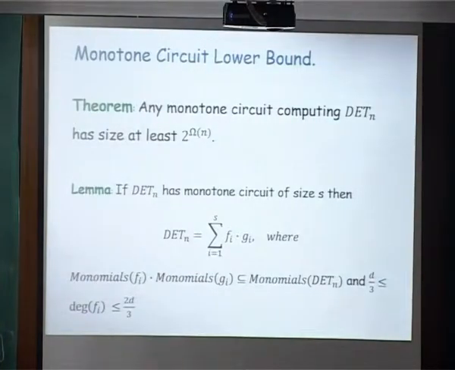Because from our definition, we want to disallow cancellation. So you cannot generate any extra monomials than are already present in the determinant. Oh yeah, sorry, this d is n actually.